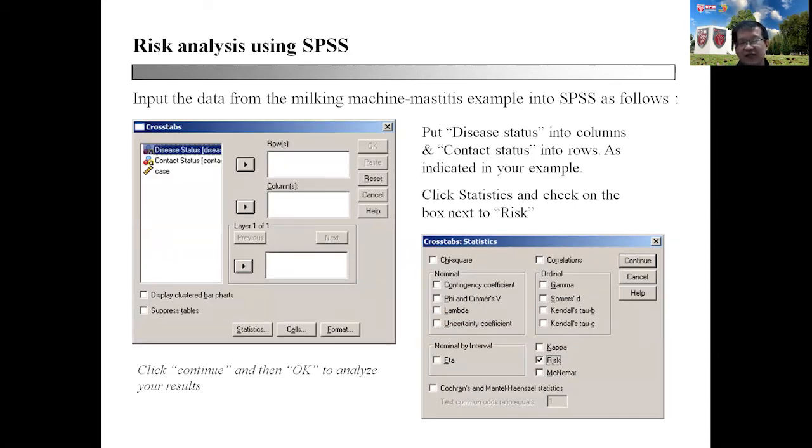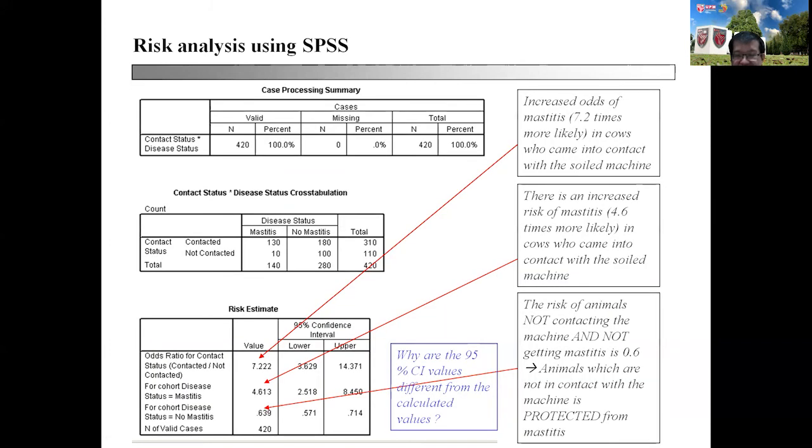Once you have put in all the necessary figures, you then need to click on the statistics cell. In this statistics cell, you just need to click on risk in order to generate the risk profiles for all these parameters that you are looking at. And this will be the example output of the SPSS. Do note that the value in the risk estimate is the same as our manual count.